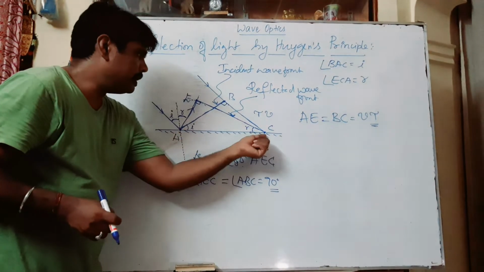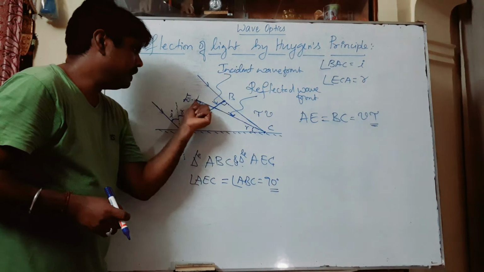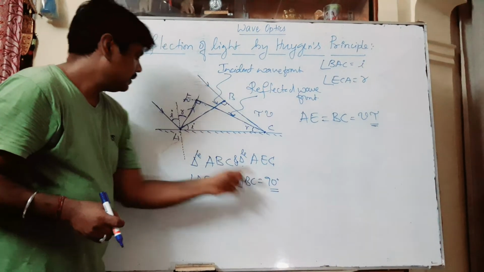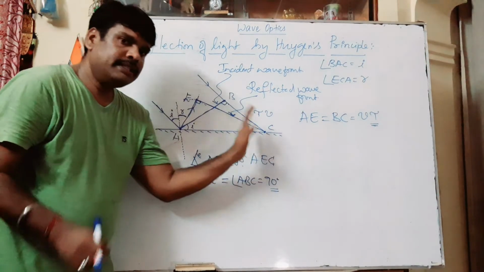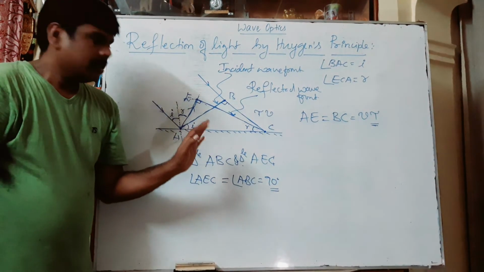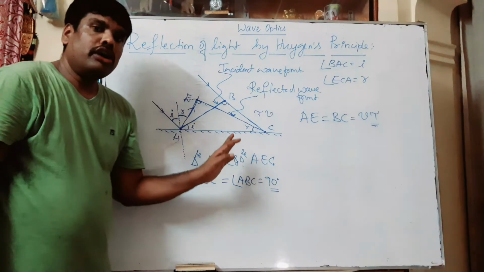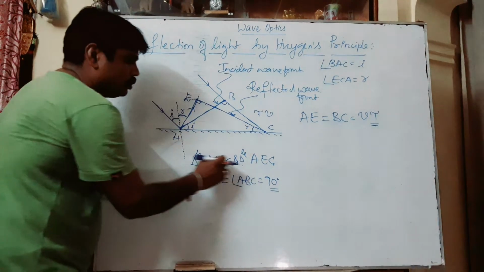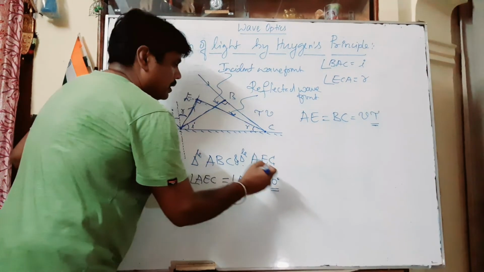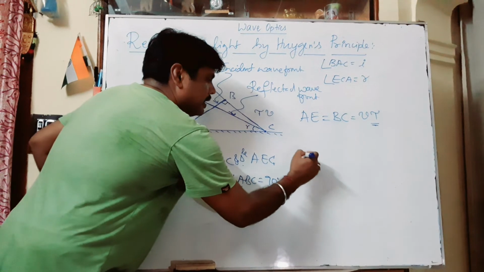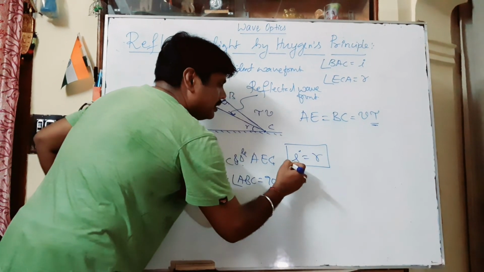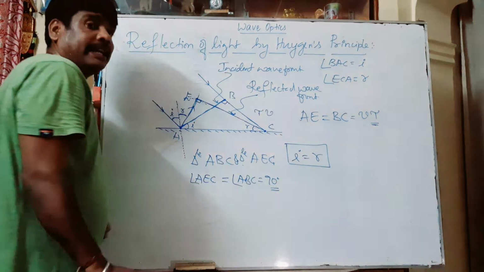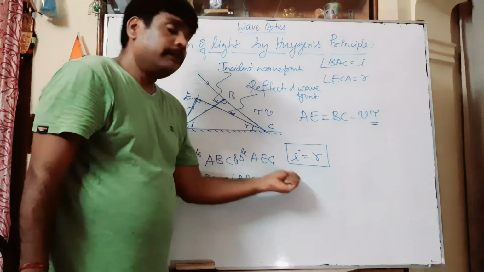Since AC is common, the angles at E and B are 90 degrees, and the distance AE equals the distance BC, this condition satisfies that these two triangles are congruent. If these two triangles are congruent, the angle I is equal to the angle R. So this proves the second law of reflection.